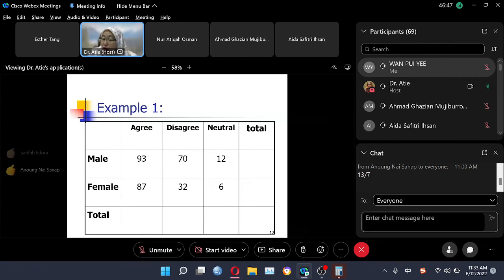I want you to add one column and also one row and write it as total in the given table, the table provided.